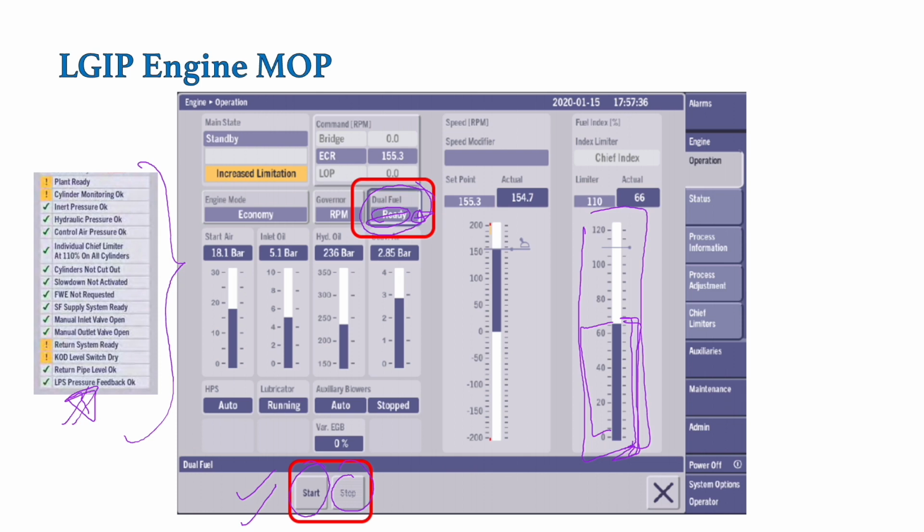Basically the secondary fuel will enter the engine very slowly and will be injected, and the primary fuel quantity will be reduced. This gradual changeover will carry on till the secondary fuel index has reached 90% and primary fuel is only 5%.